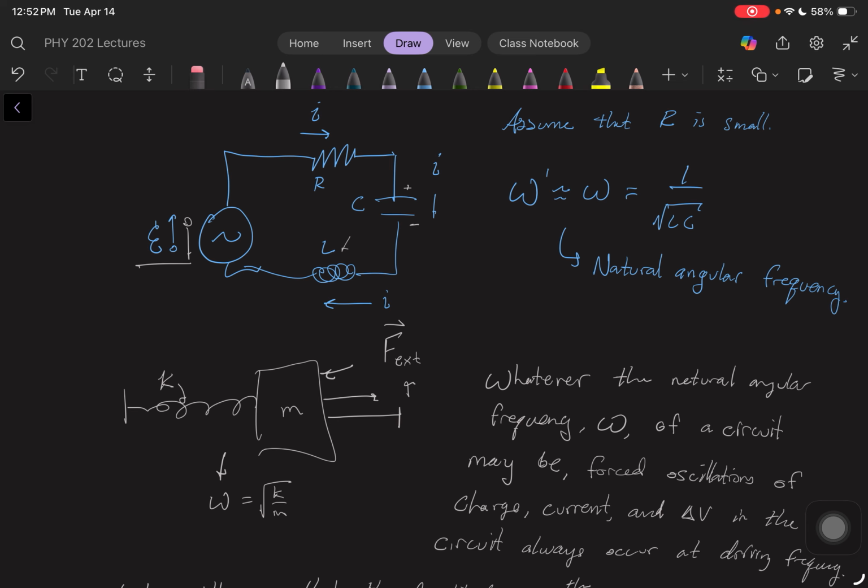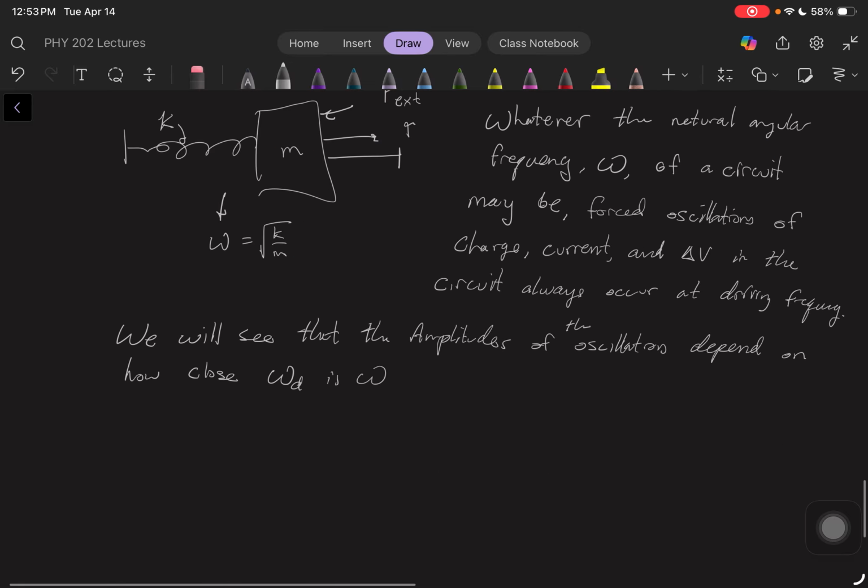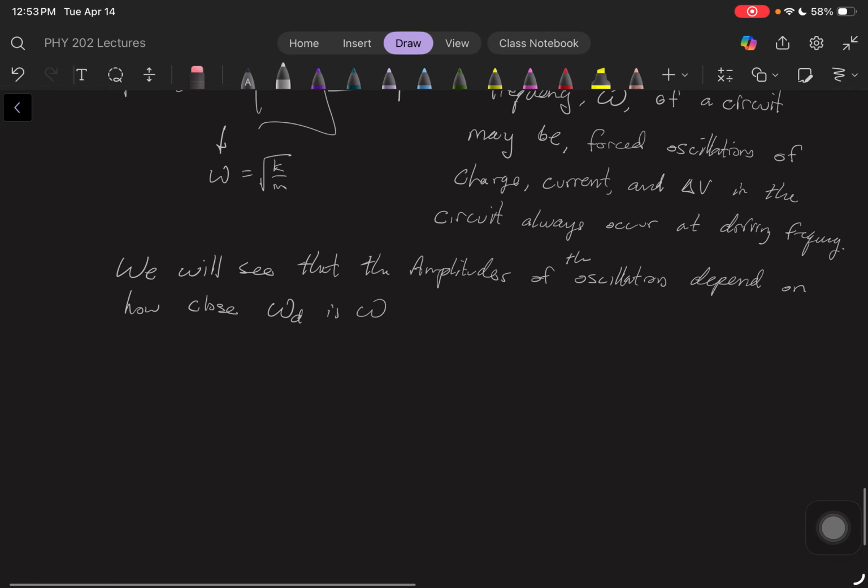Well, the Q, the amplitude of oscillation, is going to be small because we're going too fast for a significant amount of charge to build up, right? And so that's the idea: if we are driving it at a non-natural frequency, it can't reach its full amplitudes, and so you can diminish the overall amplitude.